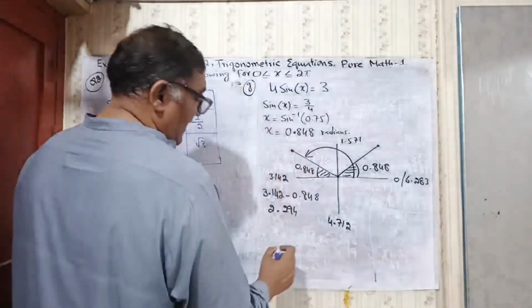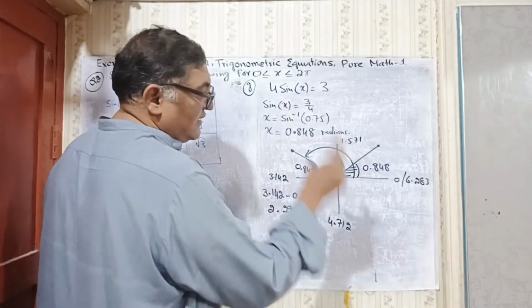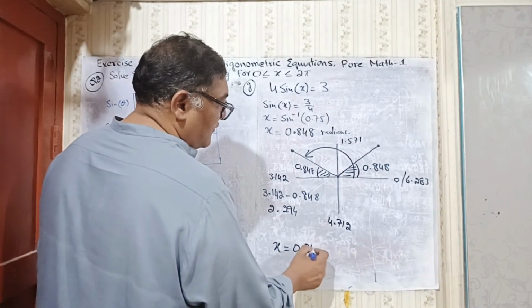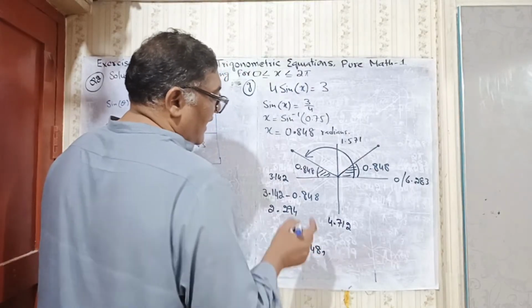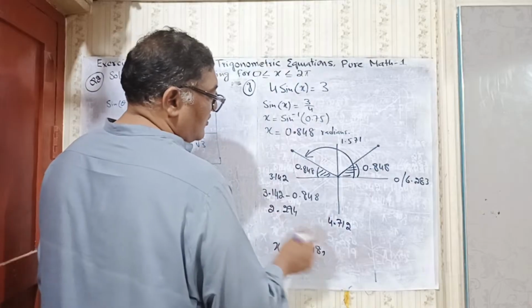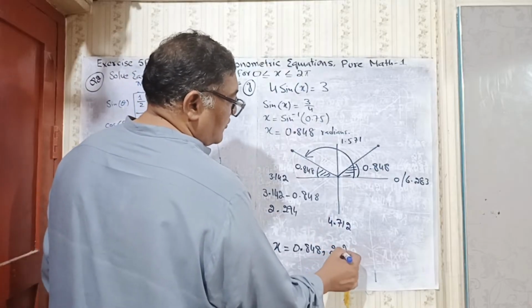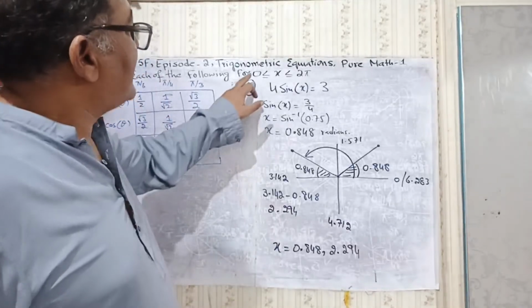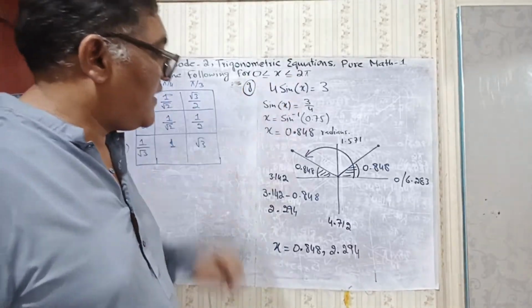So my x will have 2 answers: the angle which was in the first quadrant, which is 0.848 radians, and the angle which was in the second quadrant, and that angle is 2.294 radians. We have to give the x answer from 0 to 2 pi.